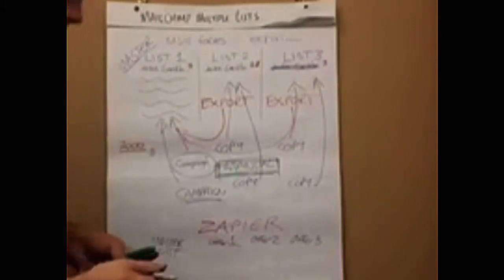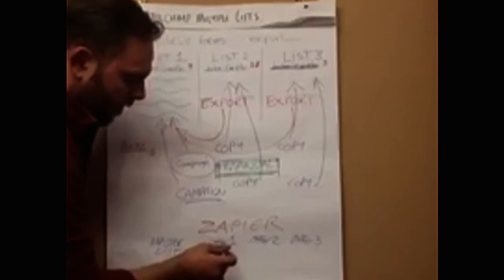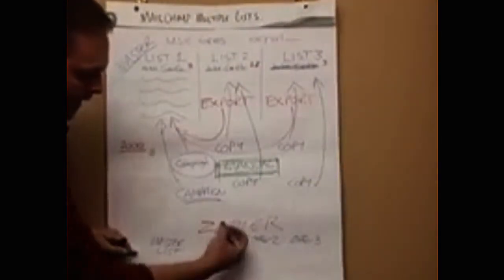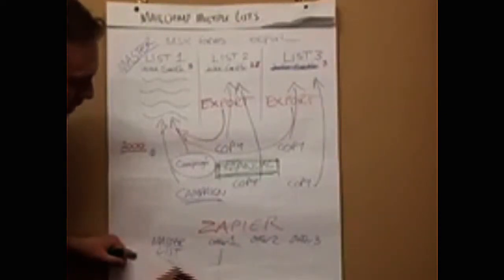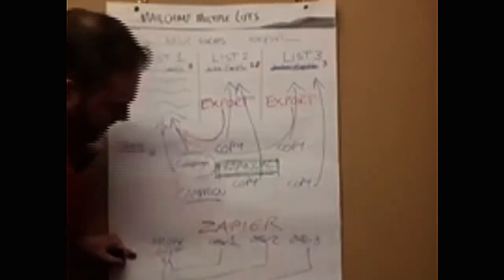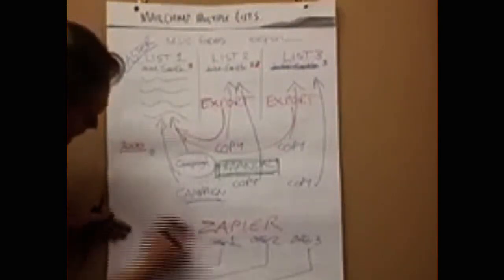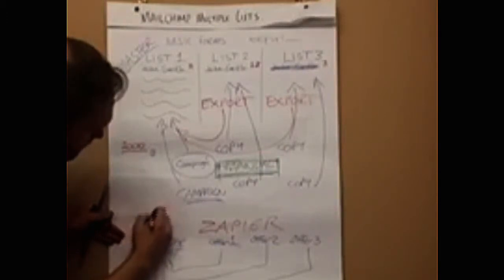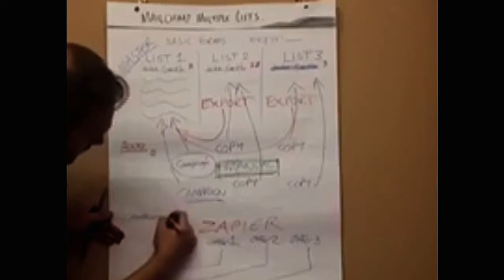When somebody joins for offer 1, offer 2 or offer 3, once they've got their offer, Zapier creates a rule and copies their data and puts them onto the master list. And then again, when they send campaigns, they only ever send campaigns to their master list.